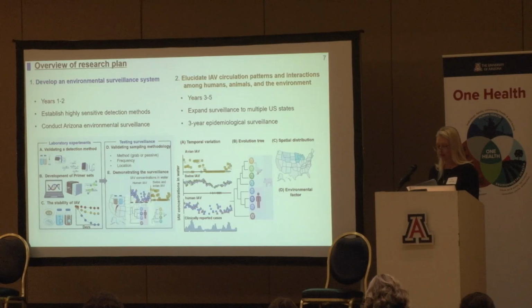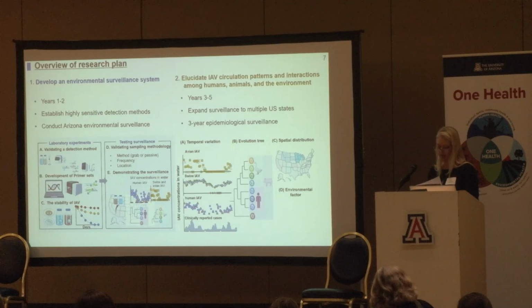And using this established method, we'll collect water samples around Arizona and possibly California, depending on how well things are advancing. We're going to be looking for those dominant IAV genotypes in these water samples. By comparing results from the environment in terms of different genotypes with clinical surveillance testing, we can start to see what the relationship is between those two different environments for tracking and predicting future outbreaks.